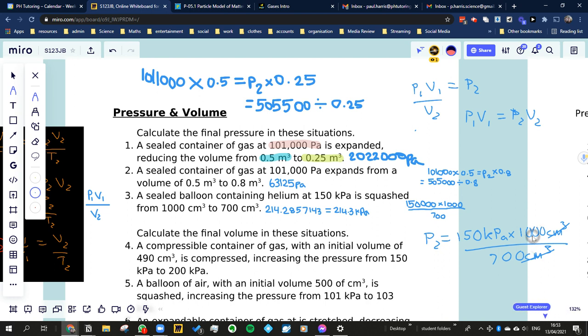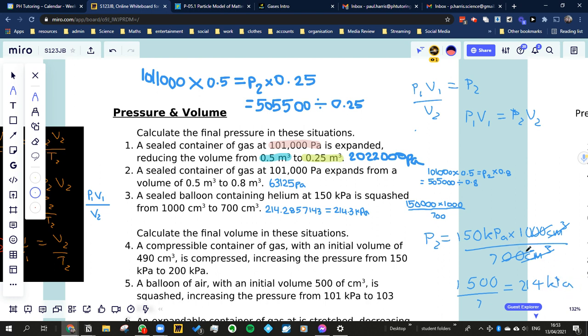I can also cancel out those two zeros with those two zeros, and I can see it's going to be 1,500 divided by 7. When you put that through the calculator, it should equal roughly 214, and it's going to be kilopascals.